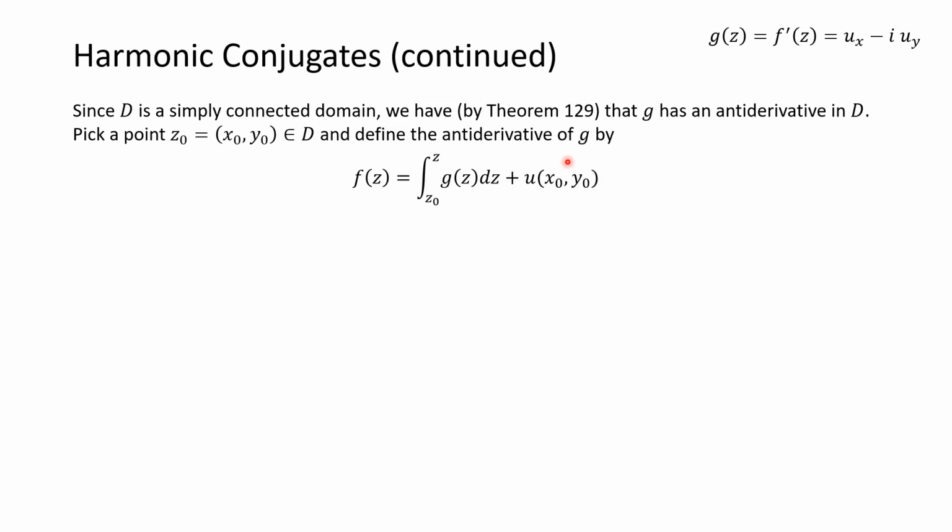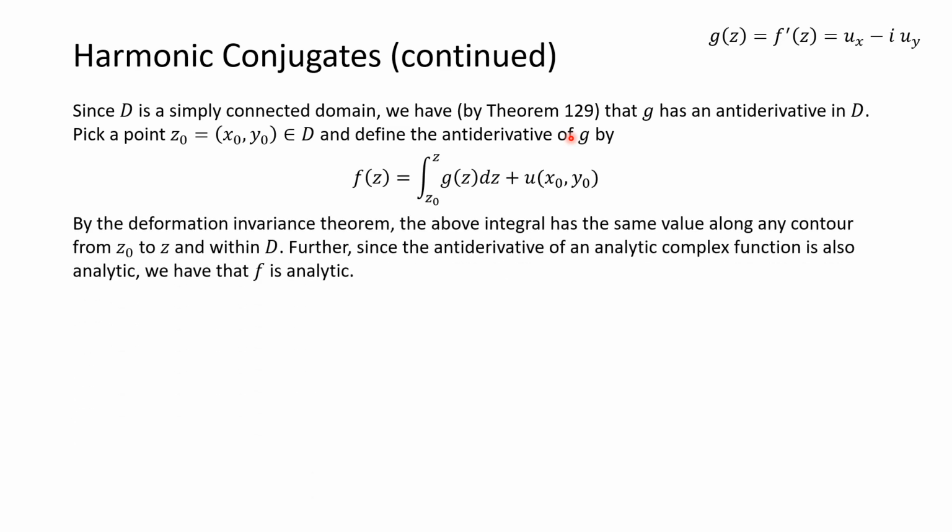We'll see why this is needed towards the end of the proof. It's not obvious at this point. By the deformation invariance theorem, the above integral has the same value along any contour from z0 to z within domain D. And further, since the antiderivative of an analytic complex function, g in this case, is also analytic, we have that f is analytic.